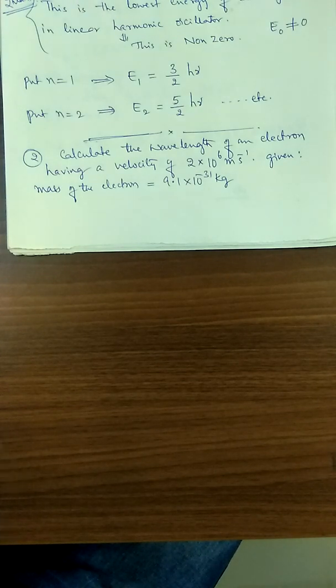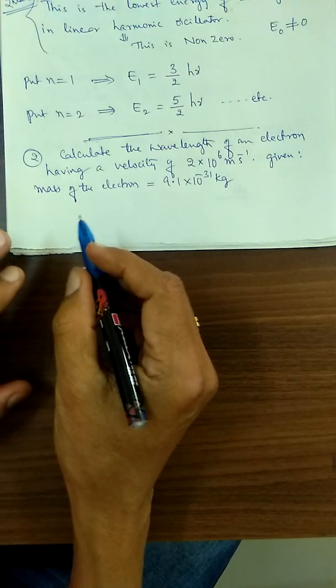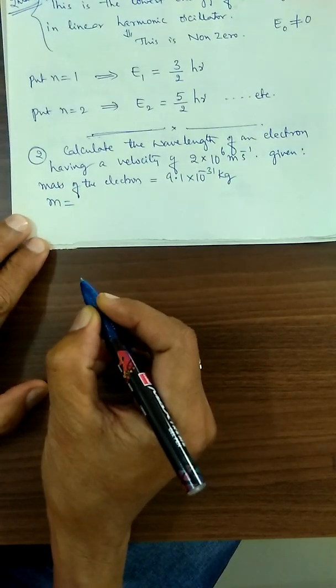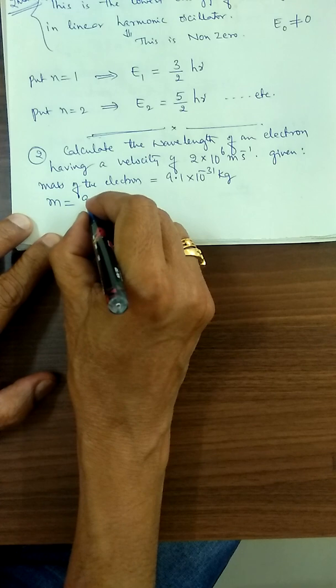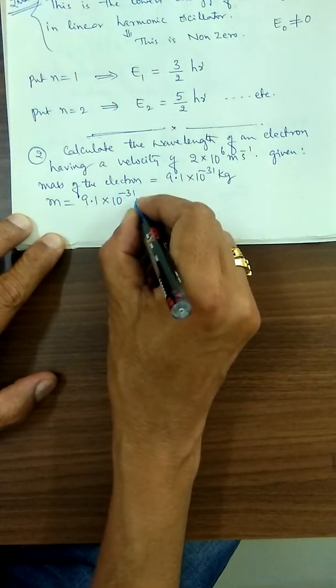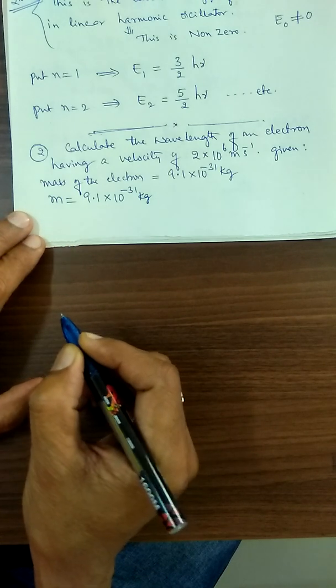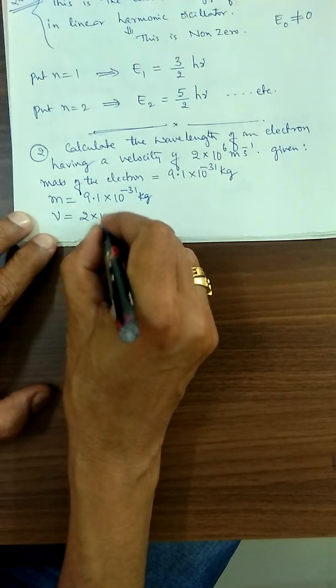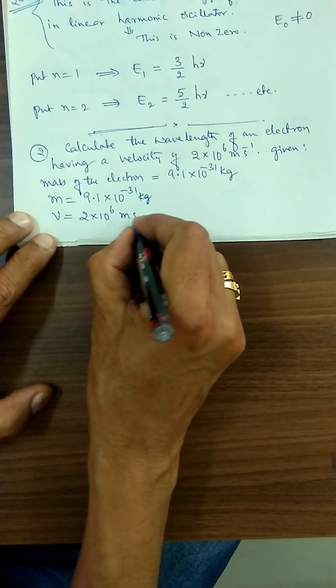Whichever data has been given, you write the data first. So which data are given? M is equal to 9.1 into 10 to the power minus 31 kg, the mass of the electron. Velocity V is given, 2 into 10 to the power 6 meter per second.